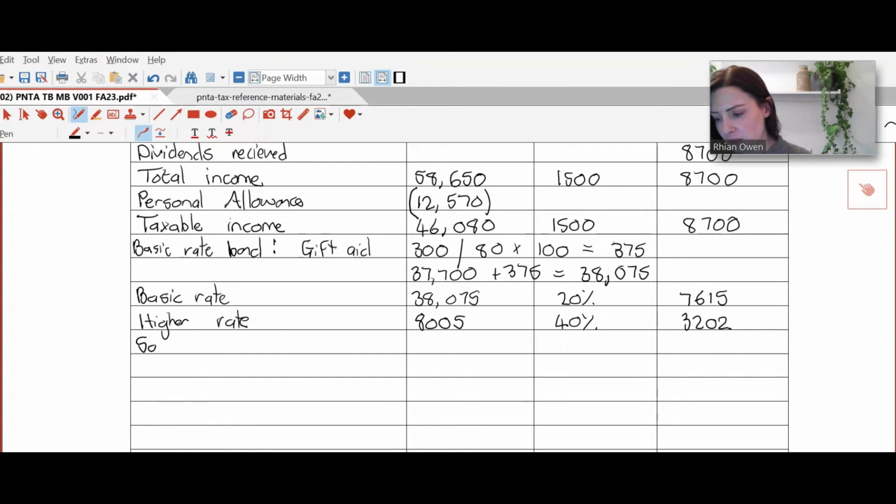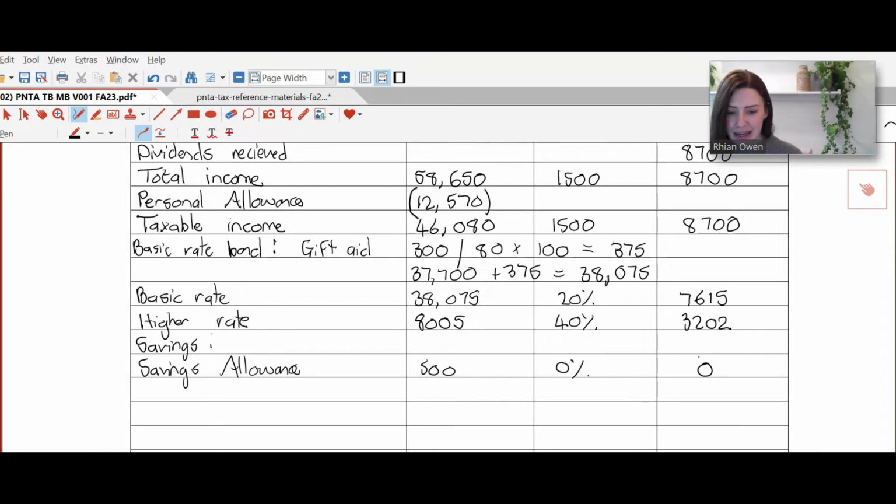Next, we've got savings income to tax. So they are a higher rate taxpayer, so they're entitled to a £500 savings allowance. So £500 at 0%.